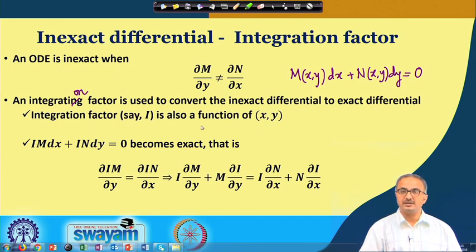Now, with this knowledge, if I is the integration factor, we multiply this parent equation with I.